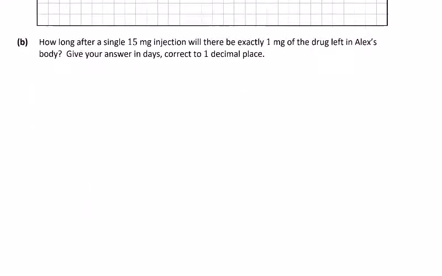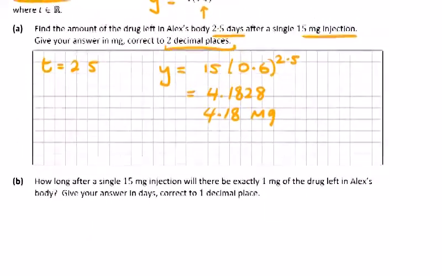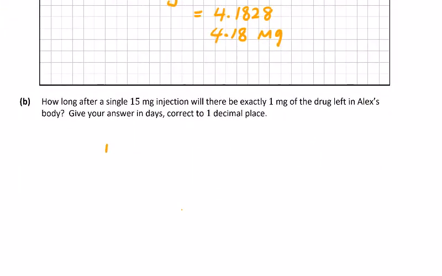How long after another single injection will there be 1 milligram left? So just write your formula, 15 times 0.6 to the t. So when will this be equal to 1? How long? We're looking for t. So you know this is going to be log rules. Do it in a couple of simple steps.